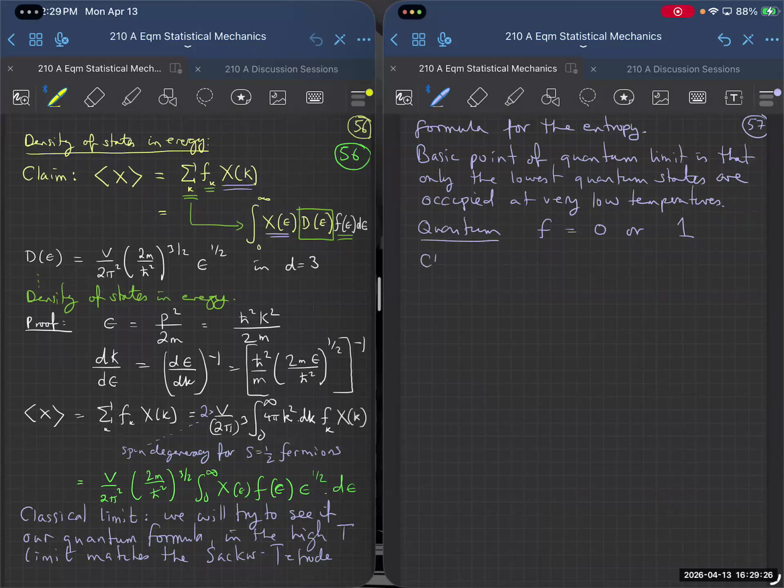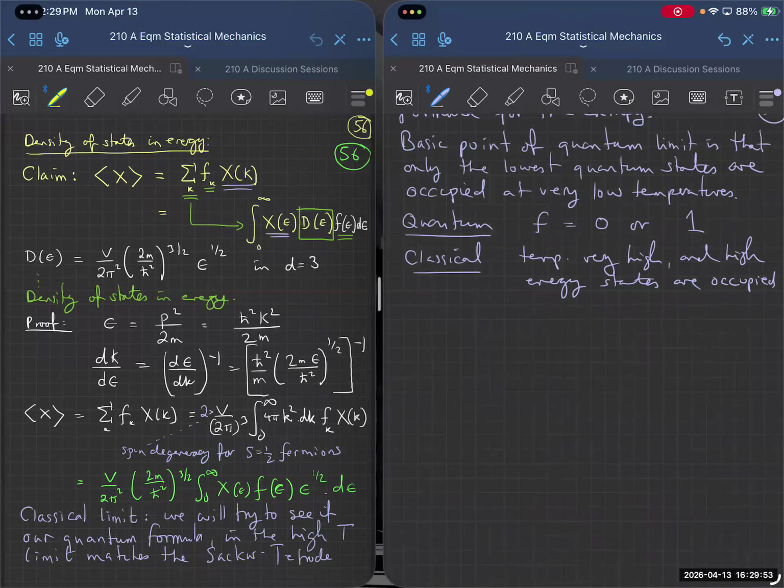In the classical limit, what's happening is that the temperature is very high, and high energy states are occupied. And if high energy states are occupied, then that must mean that the occupation number of any given state is going to be very small.